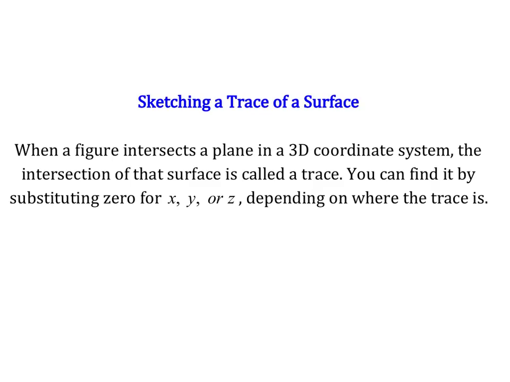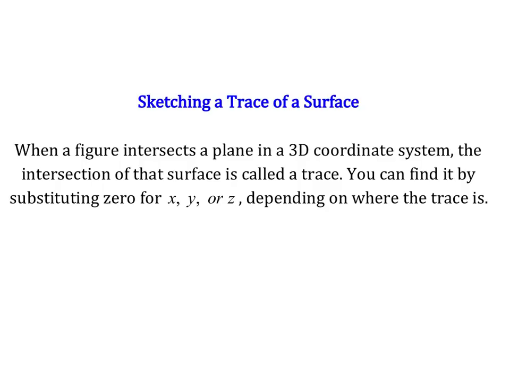Okay, the last thing we're going to talk about is what's called sketching a trace of a surface. A lot of times when we're working with 3-dimensional shapes, it's really useful to think of the intersection with one of our planes and then to describe the 2-dimensional shape that occurs from that intersection. Imagine you have a sphere that intersects with one of your planes.